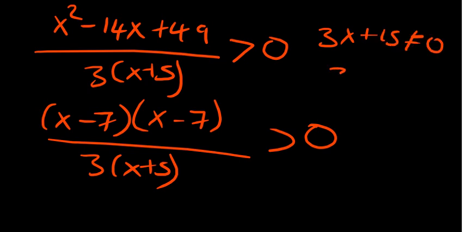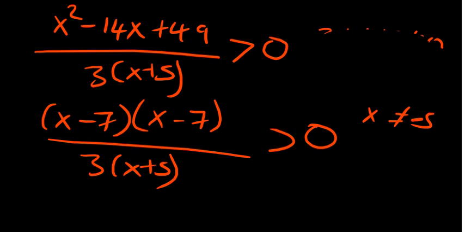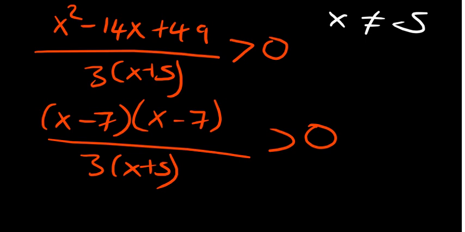So you find that our x should not be equal to negative 5, right? Are we together? Yes. Because when x is equal to that, it's going to make it undefined. So it should not be equal to negative 5.